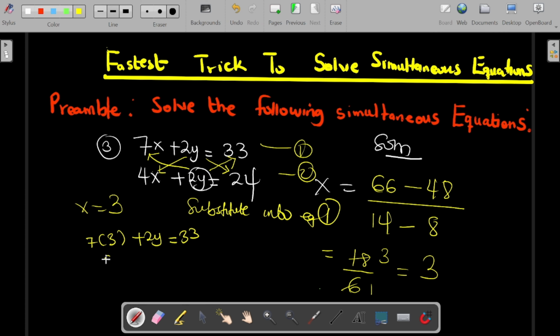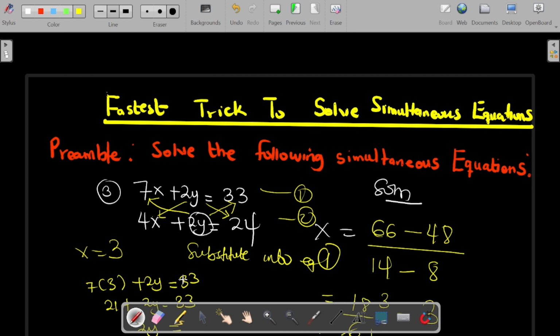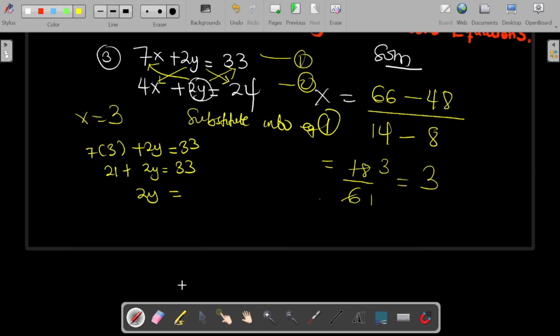Know that 7 multiplying 3 is 21 plus 2y is equal to 33. 2y is equal to 33 minus 21, right? So 2y will be equal to 12. And then we can divide both sides by 2, and we can say that y is equal to 6. So it means that the values of x and y are 3 and 6 respectively, right?